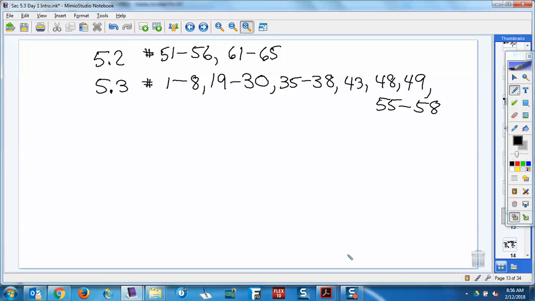So a bunch of this stuff in 5.3 is chart stuff. When you get to 19 through 30, that's the part where you're using the fundamental theorem, the right bracket. So 19 through 30 is when you're using FTC part two, kind of the new thing for today. The rest of it's kind of good review for things you've already done.